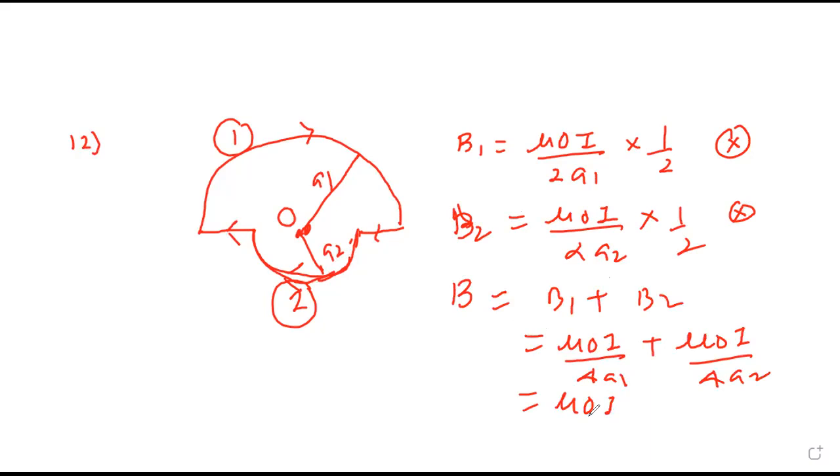Mu naught I upon 4 common, 1 upon A1 plus 1 upon A2. And directed where? Inward. Perpendicular but inward. Understood both, B1, B2 and addition? Okay.